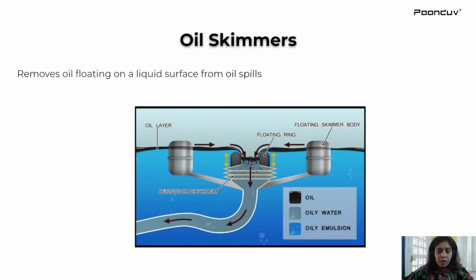In wastewater treatment, the first one is removal of oil. There have been many cases where oil spills have been seen in the ocean water, and that has impacted marine life in the harshest form. So, there are methodologies like oil skimmers or mechanical separators which can eliminate the existence of oil on the water surface.